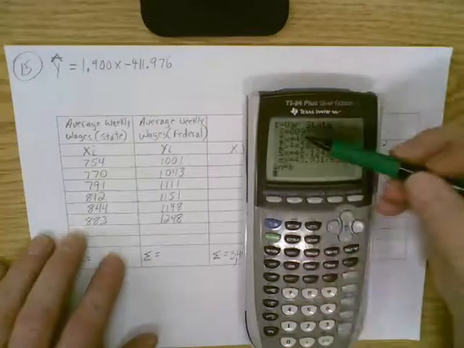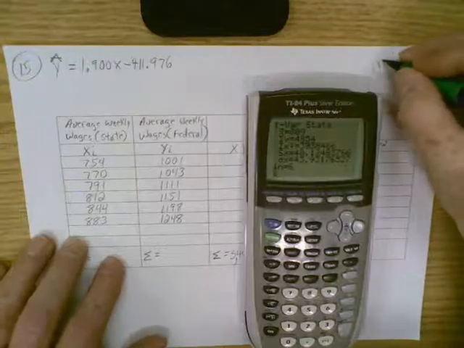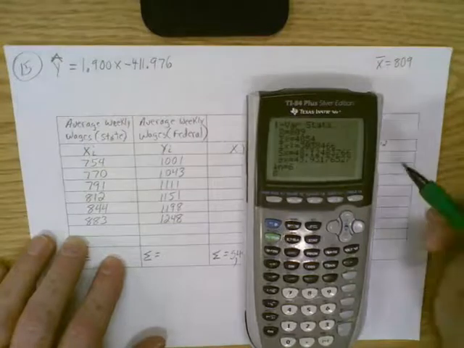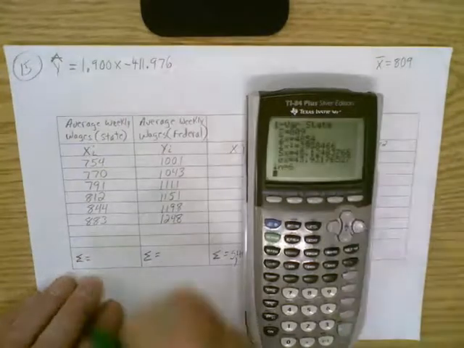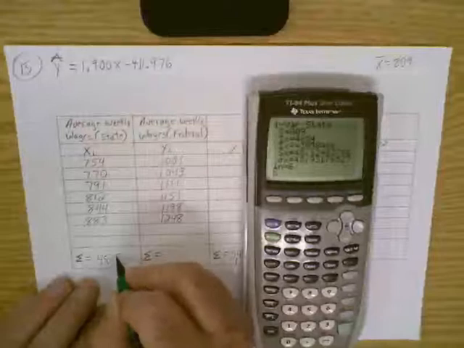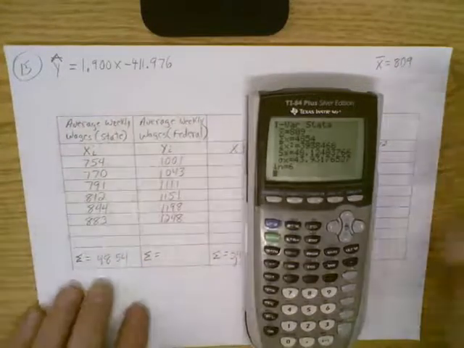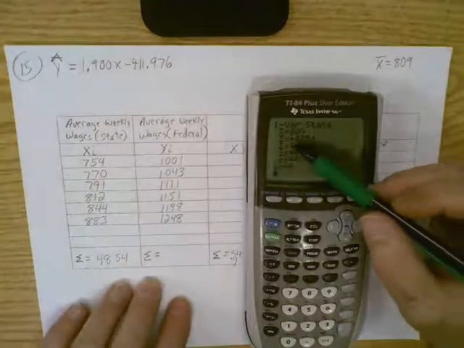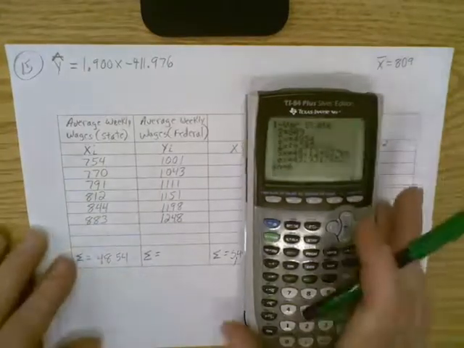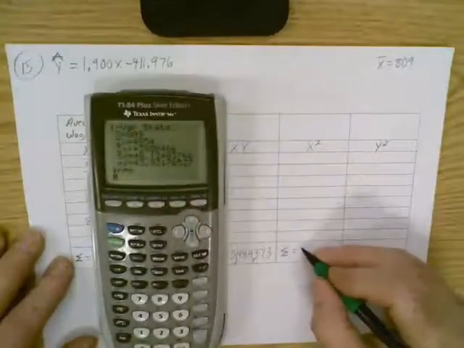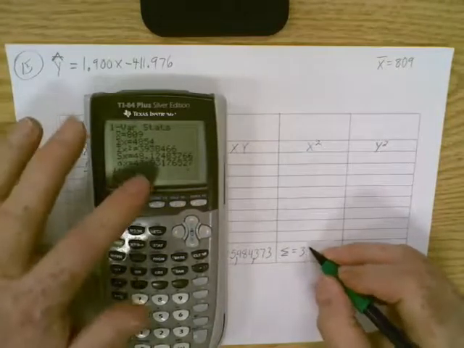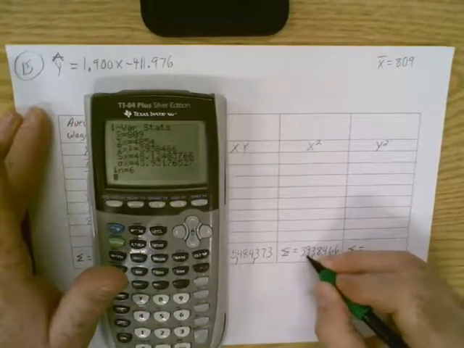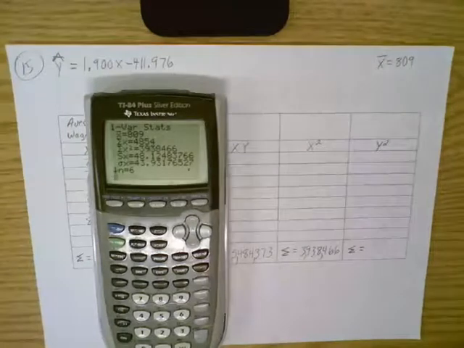That tells us x bar, the mean of the x's, is 809. It tells us the sum of all the x's, which is right here, is 4,854. And the sum of all the x squareds, which is this column right here, is 3,938,466.